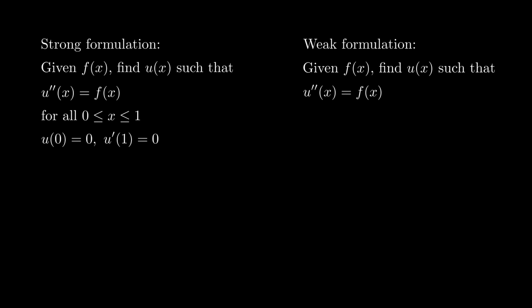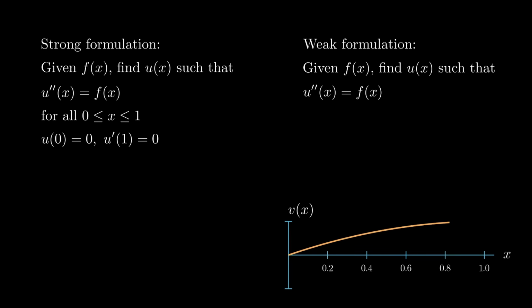Next, we introduce a type of functions which we call test functions v of x. The test functions are, like u of x, defined on an interval between x equals 0 and 1. And they may take any arbitrary shape on this interval. Now we multiply both sides of the differential equation by these test functions.